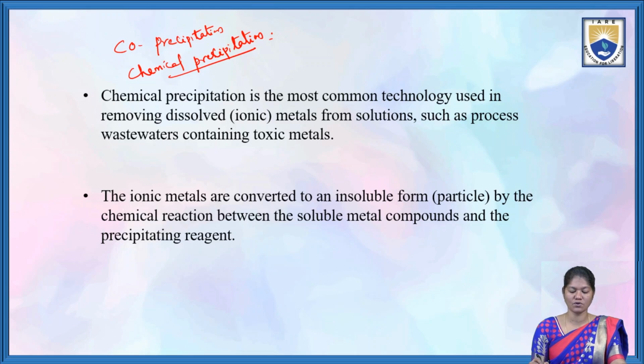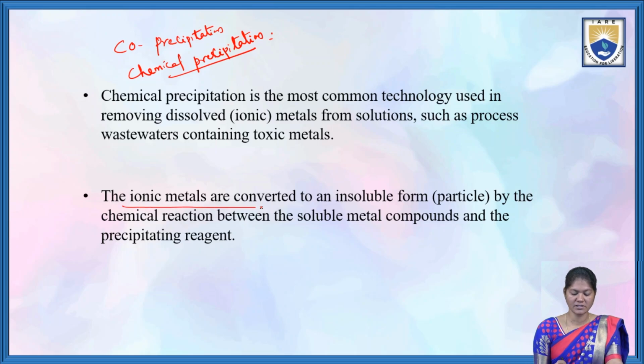In wastewaters where toxic metals are present, we use chemical precipitation to remove them. It is the most commonly used technology to remove metals from solutions, mainly for purifying wastewater systems.